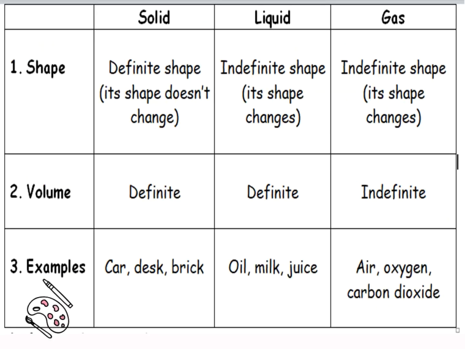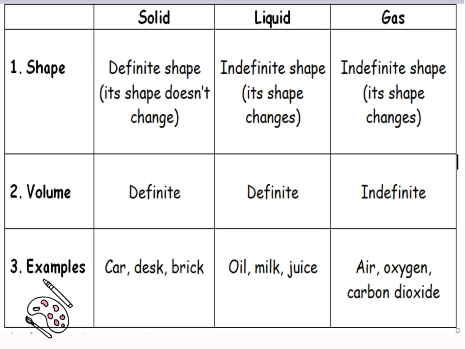Now let's sum it all up. Today we have learned that there are 3 states of matter which are called solid, liquid, and gas. We said the difference between all of them is that solids have definite shape, which means its shape doesn't change, and solids have definite volume. Some examples of solids are car, desk, and brick, while liquids have indefinite shape, which means that its shape changes.